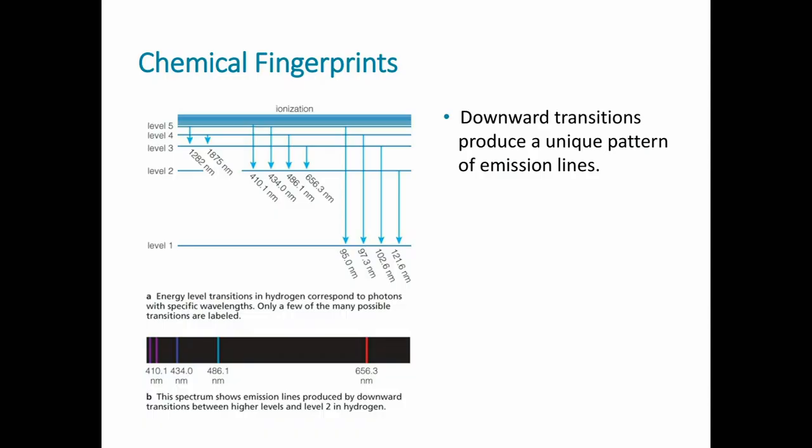The different colors that we see are light that has different wavelengths. So for example, this 486.1 nanometer line, which is kind of blue, is the transition from the fourth energy level to the second energy level in the hydrogen atom.